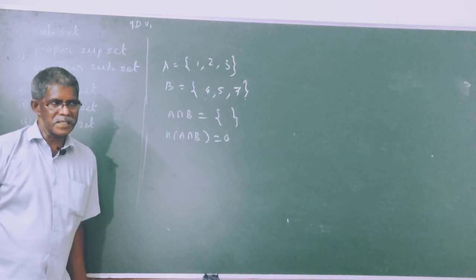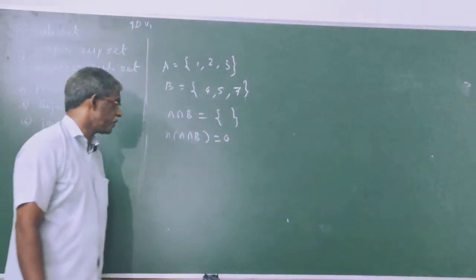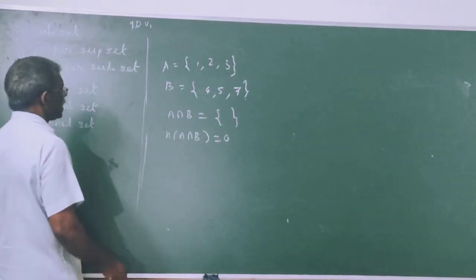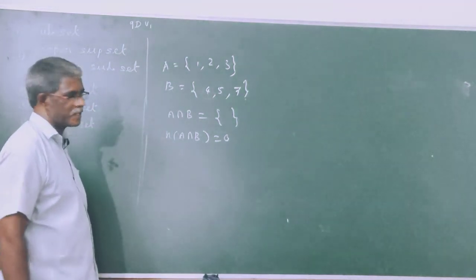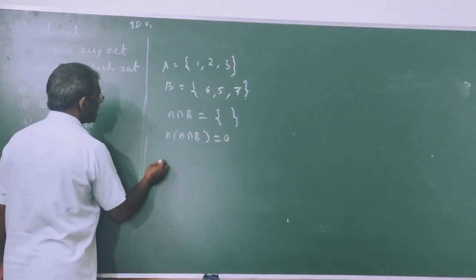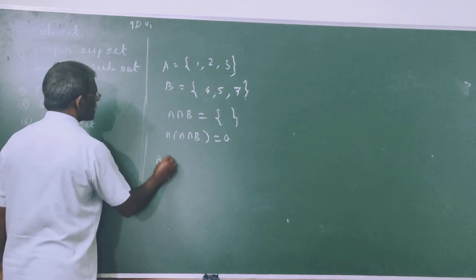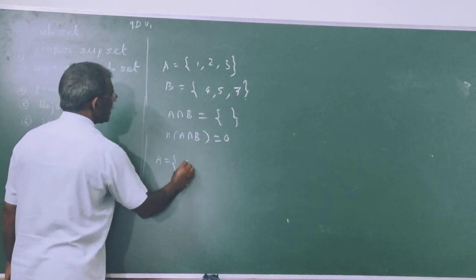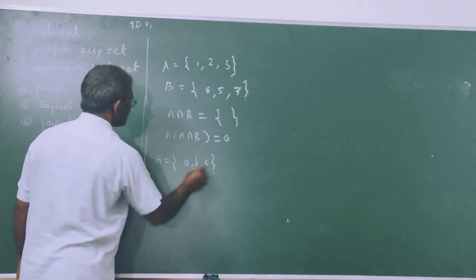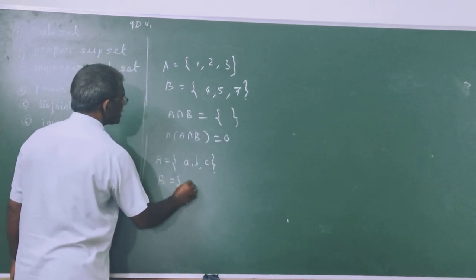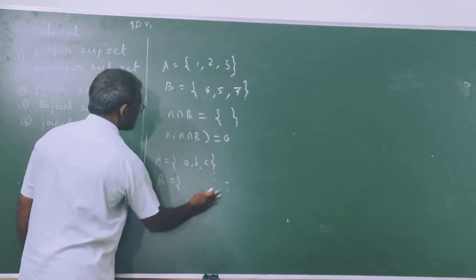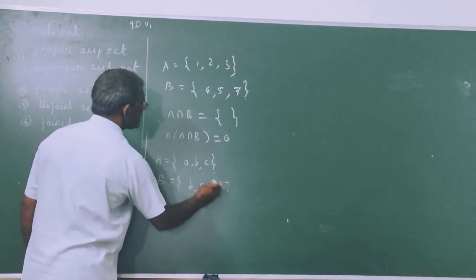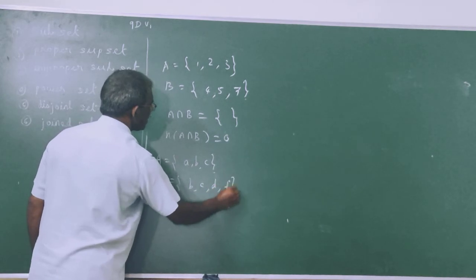The opposite of a disjoint set is a joint set. What is the meaning of joint set? It should have a common element. I am giving one example. Suppose A is equal to {a, b, c}, and B is equal to {b, c, d, f}.